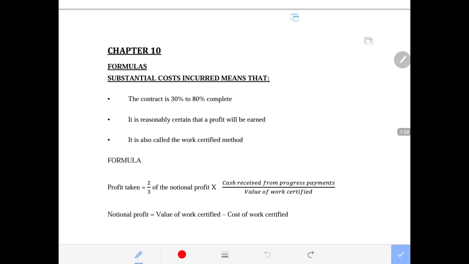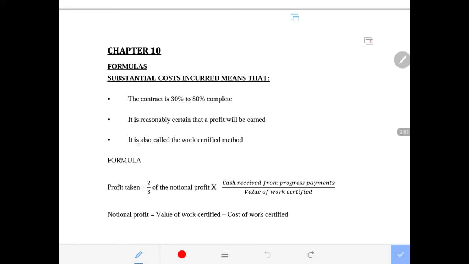That means if we have a project to build a stadium or a shopping center, the minute the contract is between 30% to 80% complete, then it is reasonably certain that a profit will be earned. That means we can now earn the profit.